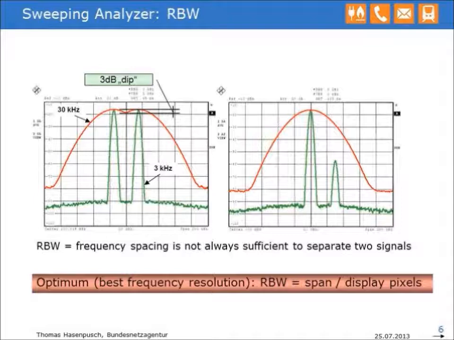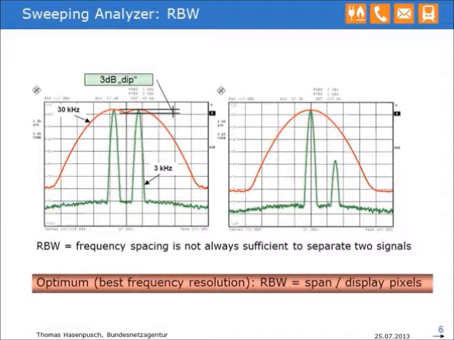And we have to find a compromise, and the optimum setting is the span divided by the display pixels. So if we have an analyzer with 500 display points from here to here, and we want, for example, to set a 500 kilohertz span, then the optimum resolution bandwidth would be 1 kilohertz.